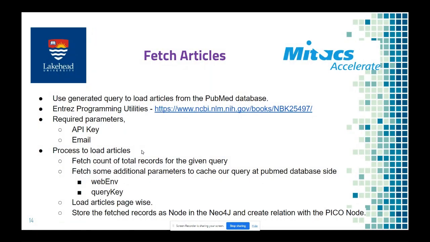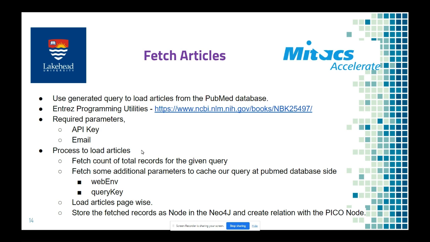Once we have the search query, we find the articles for that particular query. For that we use the PubMed database, which has a programming utility called Entrez, where we can fetch the articles programmatically. But before that, there are two parameters you need to consider: one is the API key, another one is email.